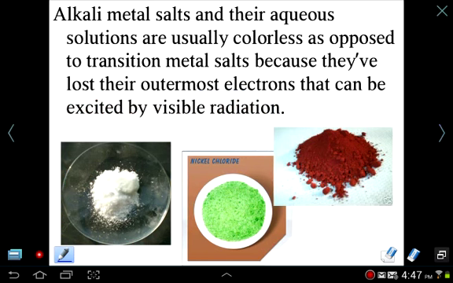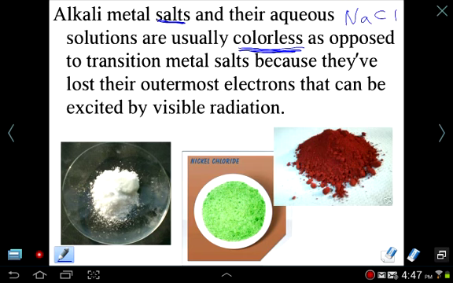As a general rule, the salts of alkaline metals, or really the ionic compounds of alkaline metals, will be colorless. And this is actually another confirmation of the idea of energy levels and electrons and subshells, because all the alkaline metals, whether it was sodium chloride or calcium iodide, are colorless.